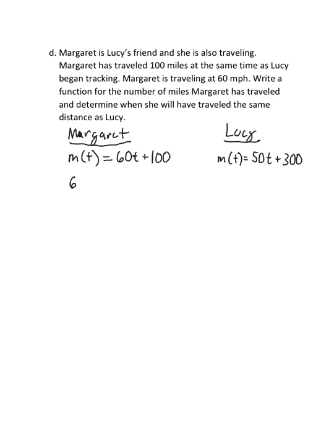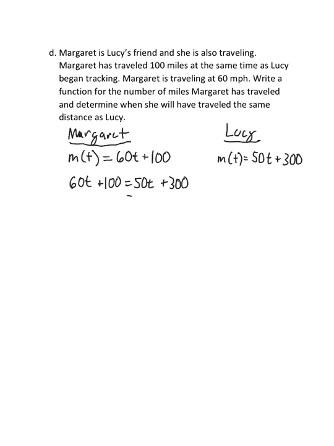So we want to solve 60t plus 100 equals 50t plus 300. And what we've got here now is just a basic linear equation. And we want to solve for t.